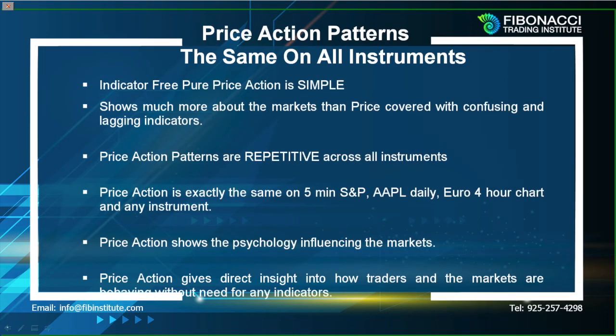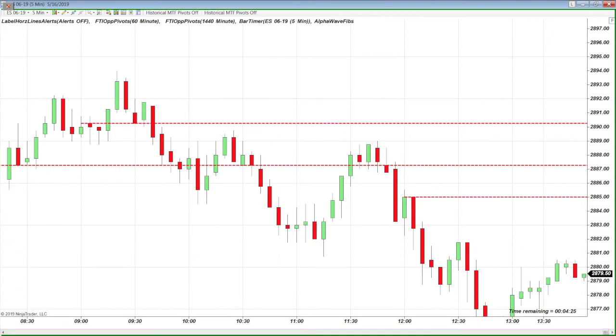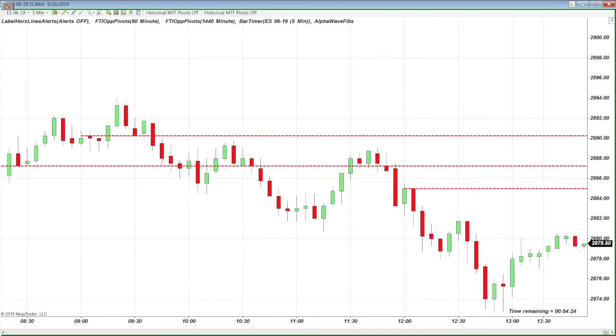Price action patterns repeat exactly the same across all instruments. Right now, here's a simple test, traders. Here's a 5-minute chart. Everyone seeing this? This is what I recognized extremely clearly many years ago.